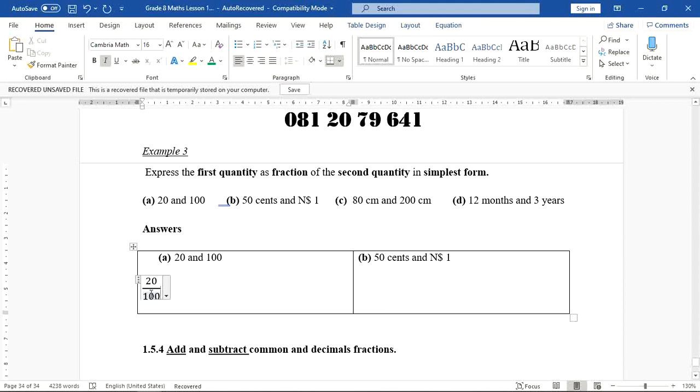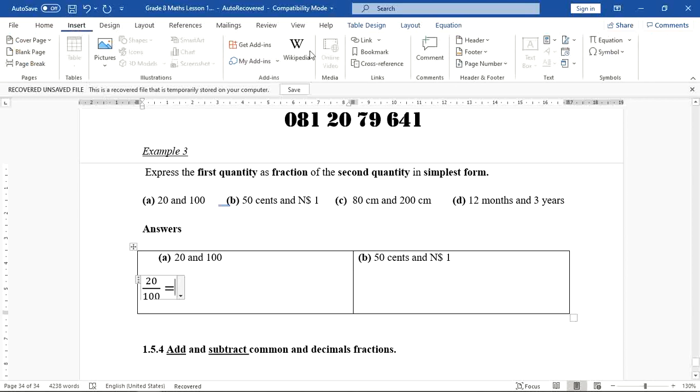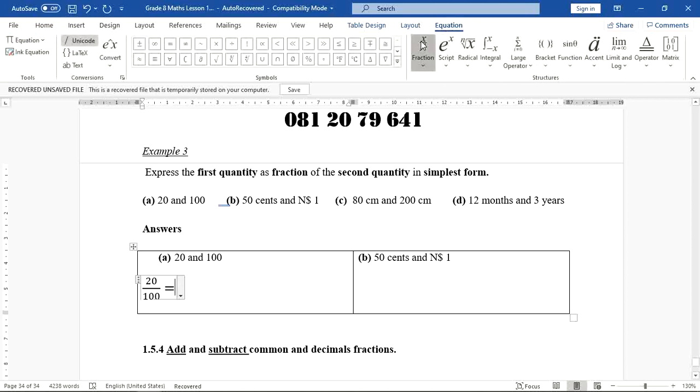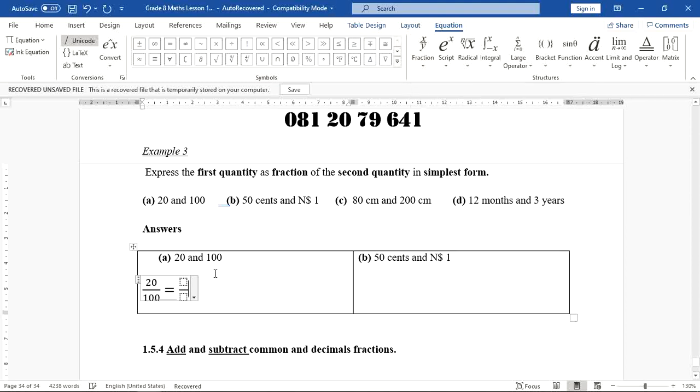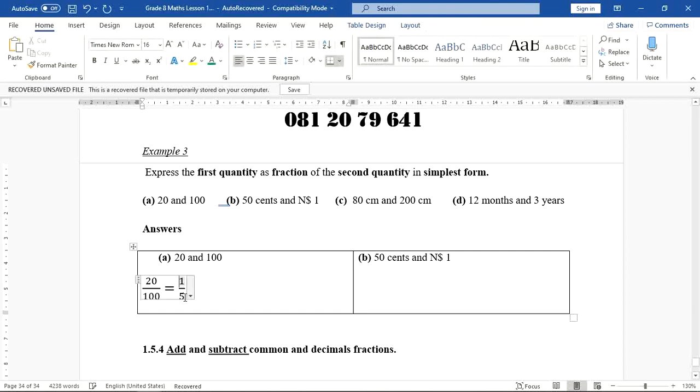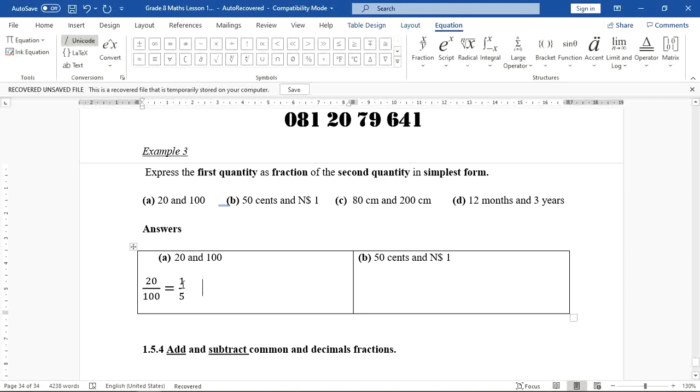Now, you know that 2 is the highest common factor of 2 and 10. So here 20 will be the highest common factor. And 20 goes in itself once, and it will go into 100 5 times. So 20 over 100 in simplest form is 1 over 5, and that's the final answer.